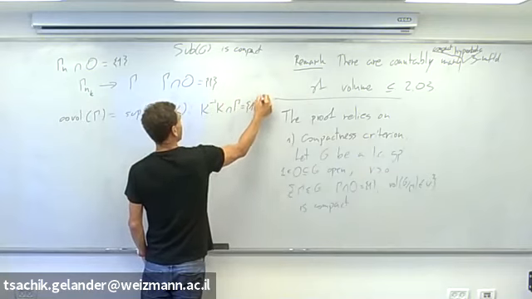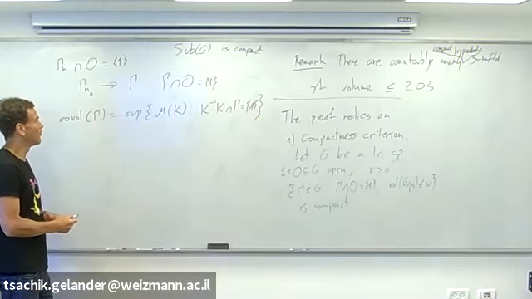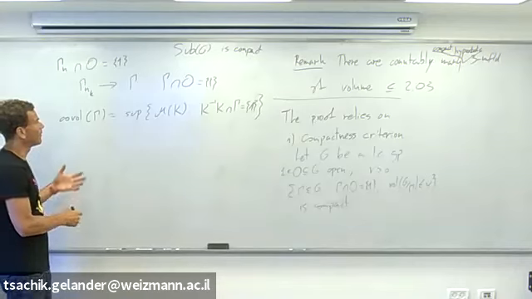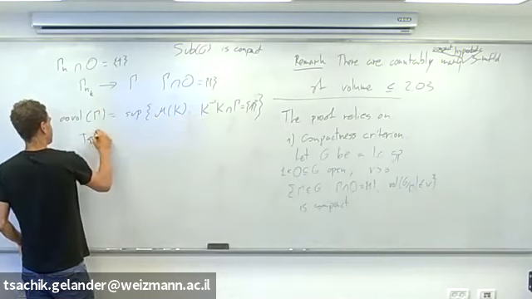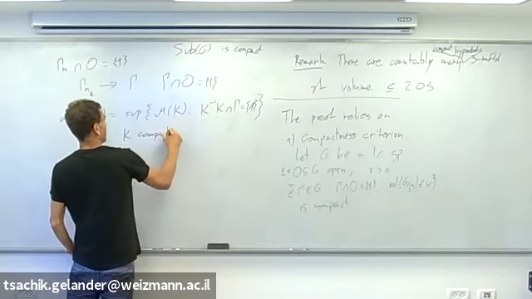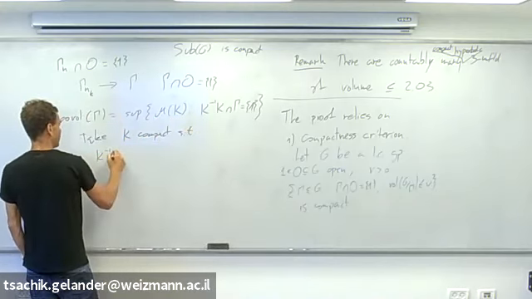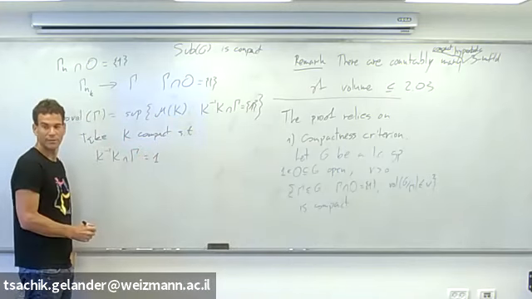I explained this last time. So this is how we compute covolume. So take such a K, K compact, such that K inverse K intersect gamma is trivial.